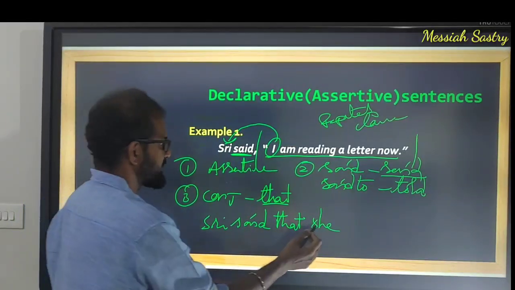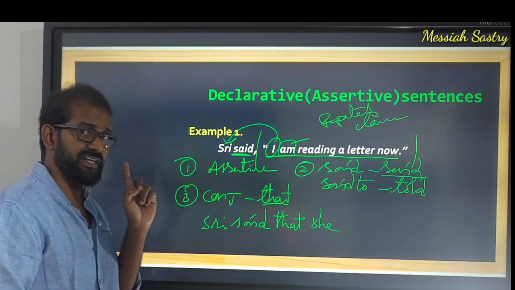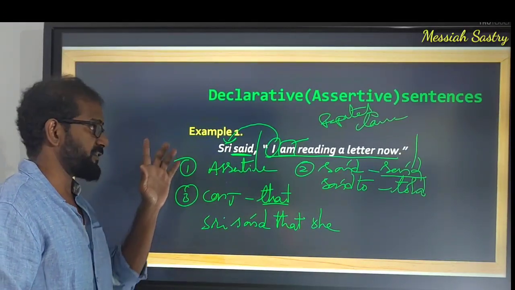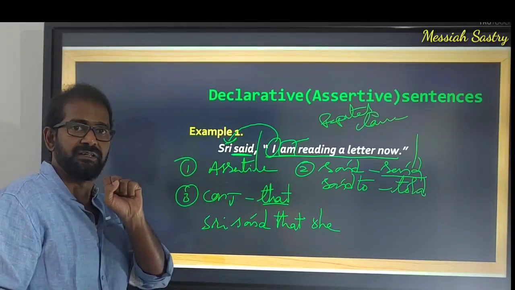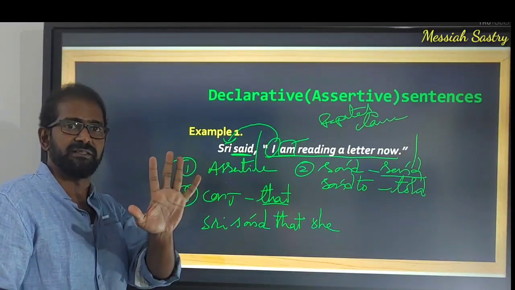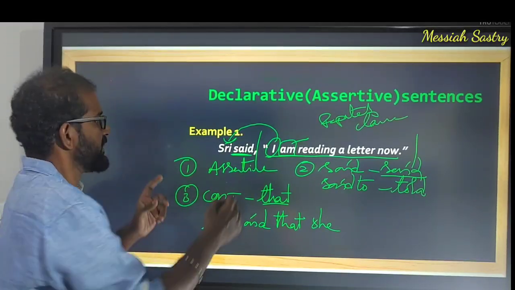Sri said that she am. Change of tense forms. If you have learned that perfectly, I told you already, pause the video, learn that particular table, and then move to the next.